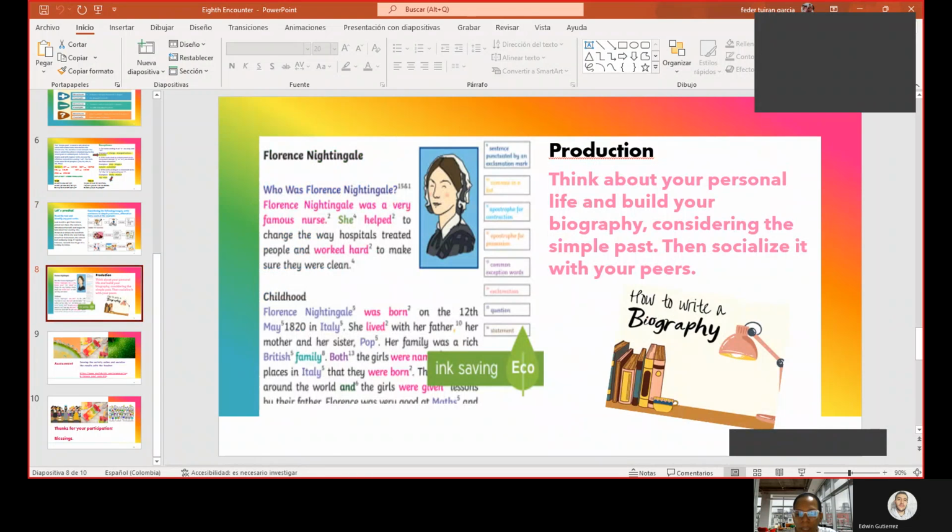Now we are going to make a production. This is the activity. You are going to think about your personal life and build a biography considering the simple past. Here I have an example. I'm going to leave it on the slide. You are going to use sentences like where do you live, when were you born, or when is your birthday.